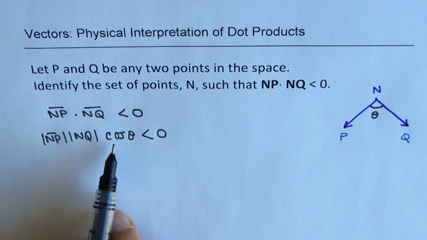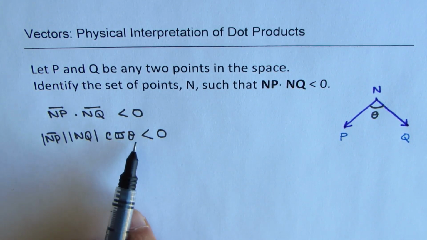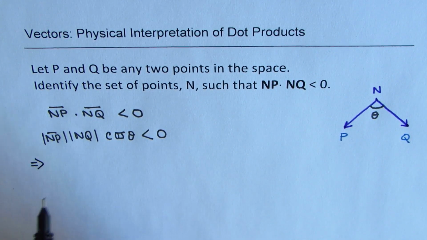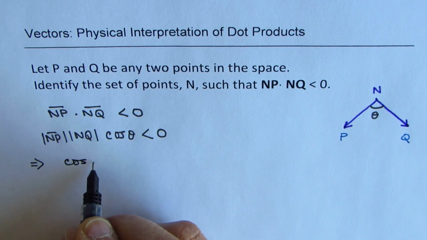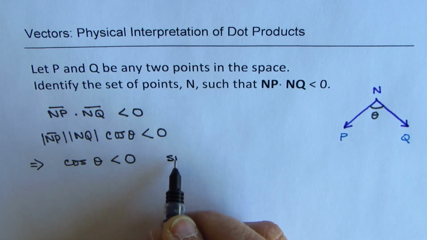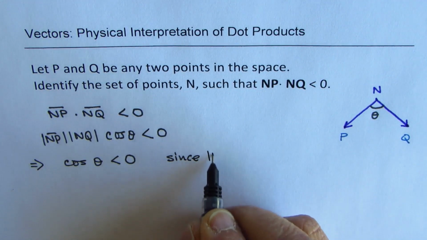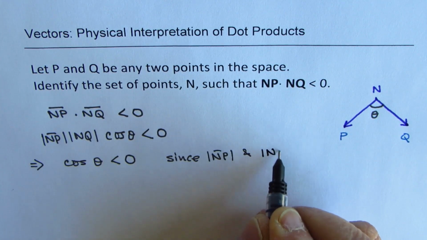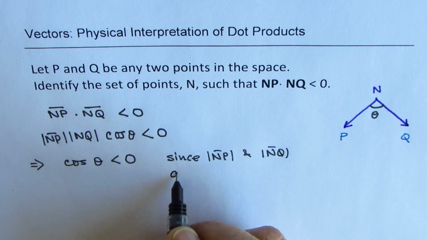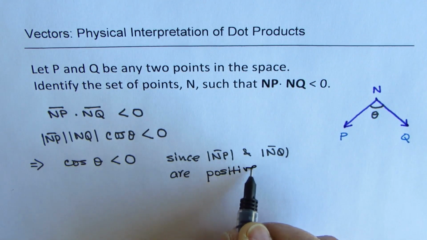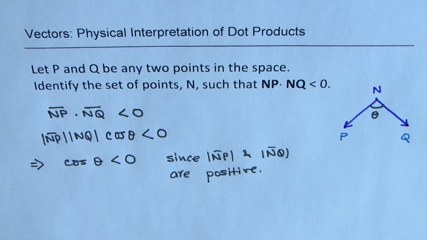So the only thing which could be less than 0 is cosine theta. That implies cos of theta is less than 0, since NP and NQ, these magnitudes, are positive. Clear? Now we have to see when is cos theta less than 0.